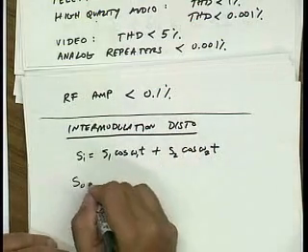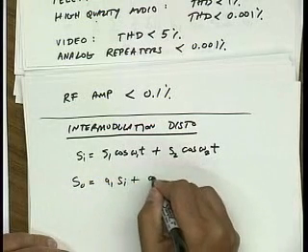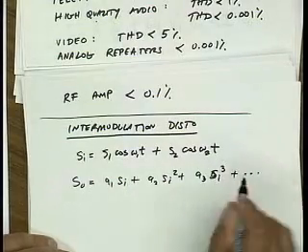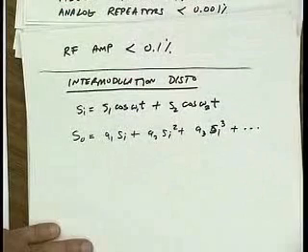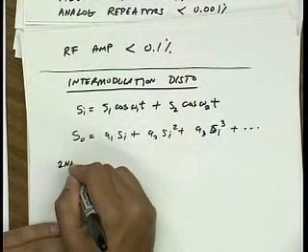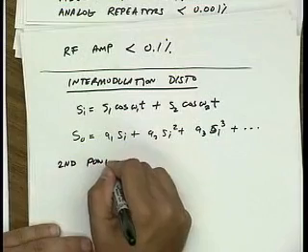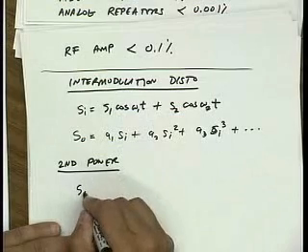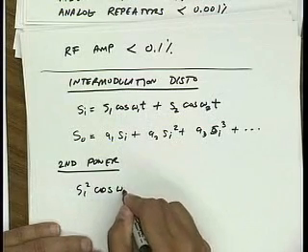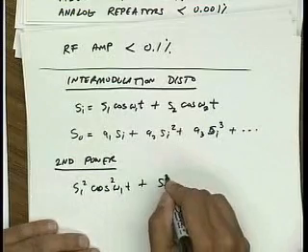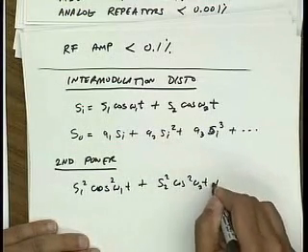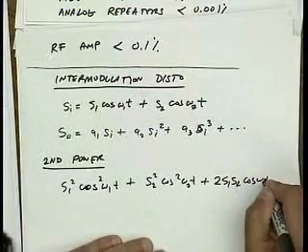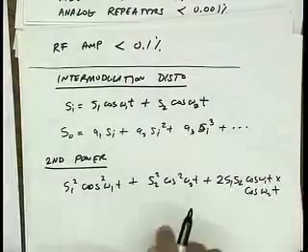Now, the same formula applies. I have a power series, and I'm going to look to see what each term does. Let's look at the second power. So the second power is going to basically generate S1 squared cosine squared omega 1t plus S2 squared cosine squared omega 2t plus 2 times S1 S2 cosine omega 1t times cosine omega 2t.